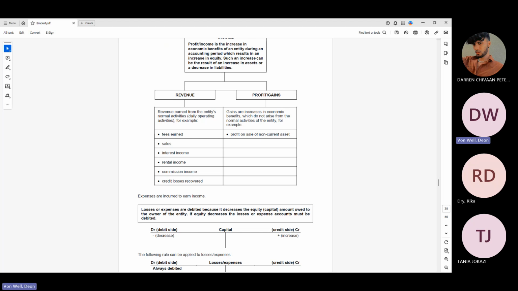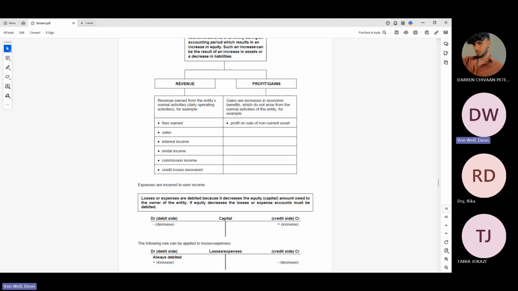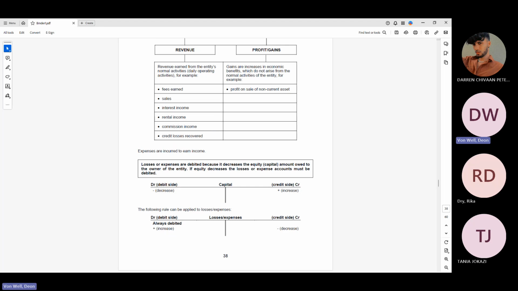Then when I look at my expenses and losses, they will decrease my equity. Expenses will decrease my equity. So losses and expenses on their own. If I have an example like a stationery account and it increases, I'm buying stationery, so my stationery is increasing.